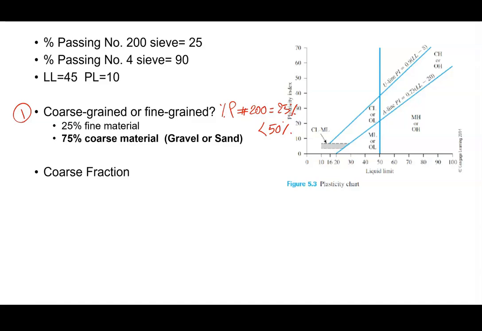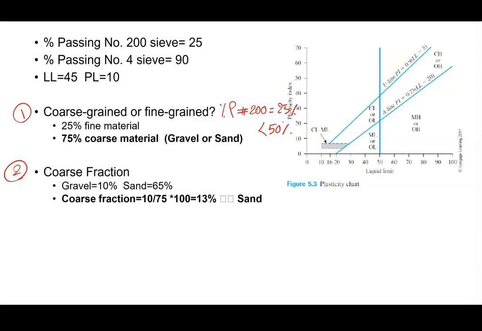Now that we have a coarse grain soil, we need to calculate the percent of gravel in our coarse material. So it's percent of gravel divided by percent of coarse material, which is 100 minus 90 divided by 100 minus 25.